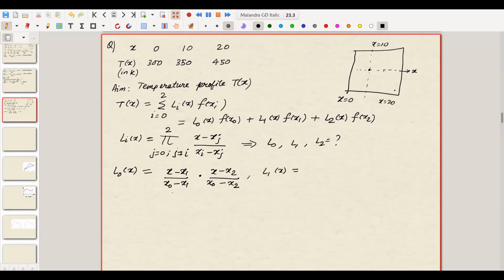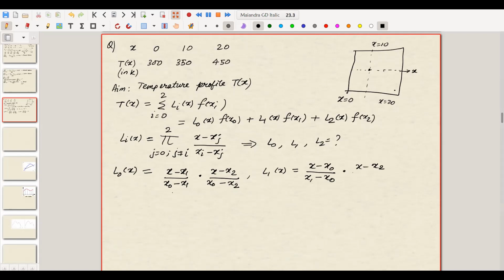Similarly, can you find L1 of x? So L1, that means i equals 1. That means according to this formula, j can't be equal to 1. So j can be 0 and 2. So that means (x minus x0) by (x1 minus x0) times, can x minus x1 be there?